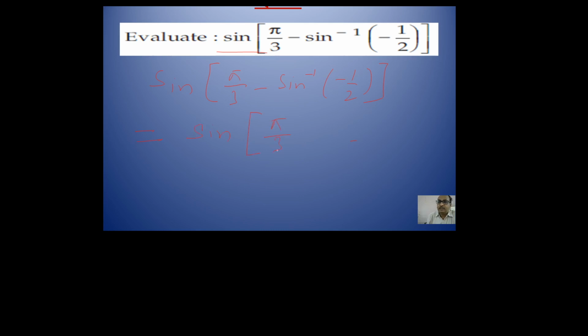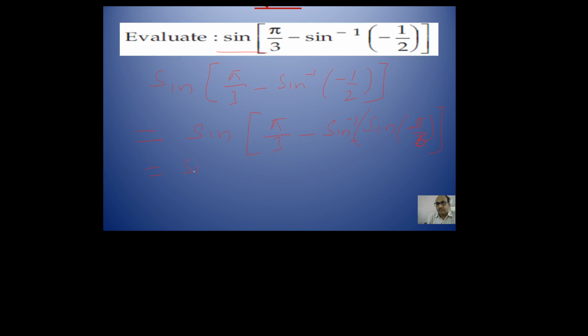So sin inverse is there, and here in place of minus 1 by 2, can we write sin of minus pi by 6? Why pi by 6? Because pi by 6 is 30 degree, and sin 30 degree is equal to 1 by 2. If we have placed minus here, this sin of minus pi by 6 will give us minus 1 by 2. Okay, right.